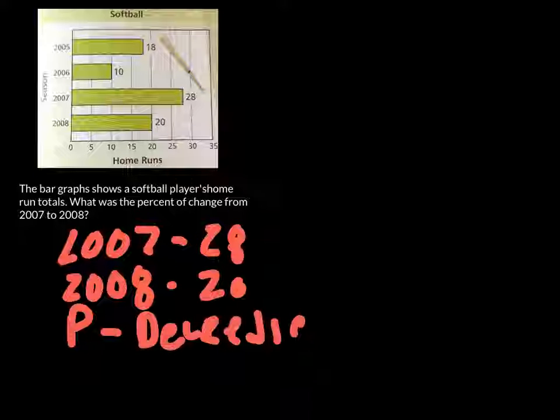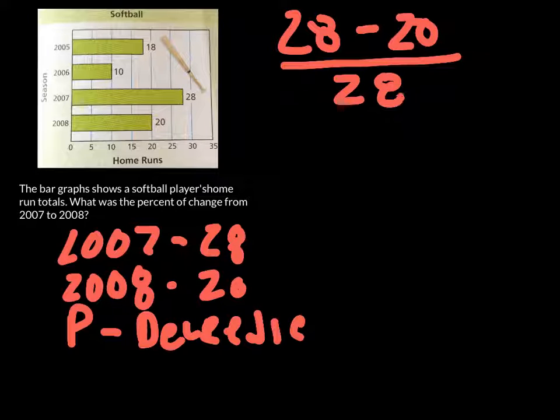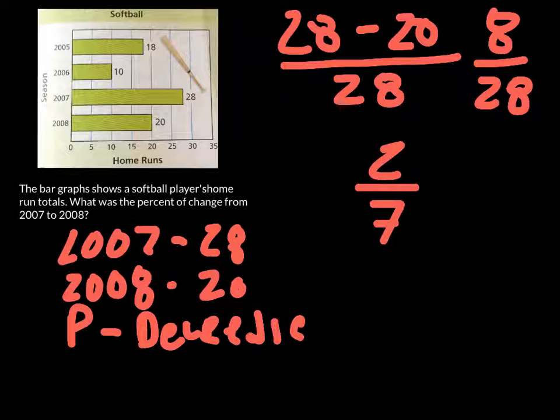So now we put it in our equation, but it's a little different than the other one. So now we have our original amount, which is 28, minus our new amount over our original amount. Okay, so that gets 8 over 28, and then if you divide by 4, you get 2 over 7, which is equal to, hold on, using a calculator.